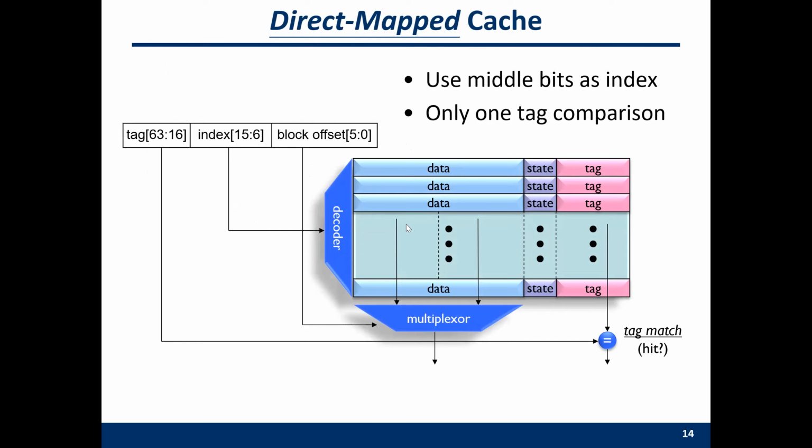So this is the direct mapped cache. I just copied this slide from our class, which explains the direct mapped cache. So this is the memory address of a memory access. The lower bits, the least significant bits, indicate the block offset.